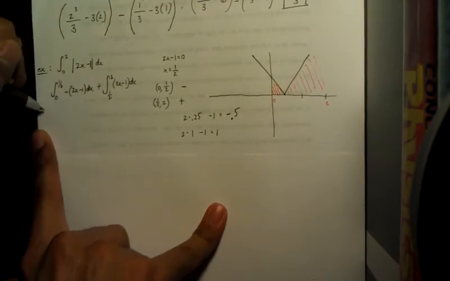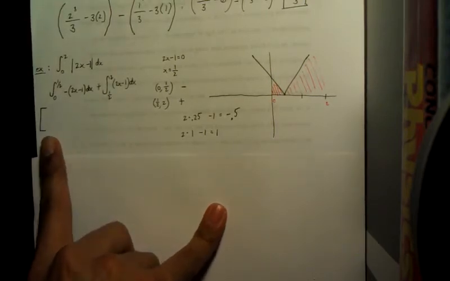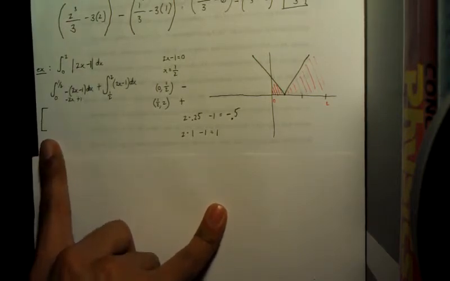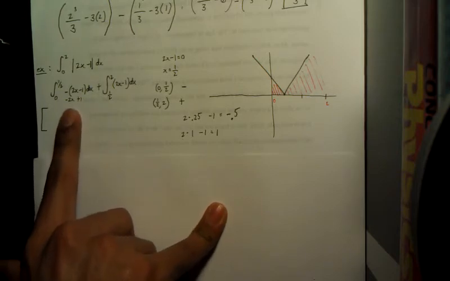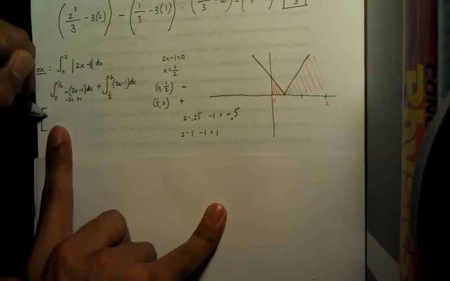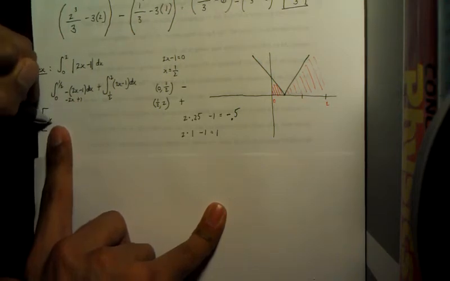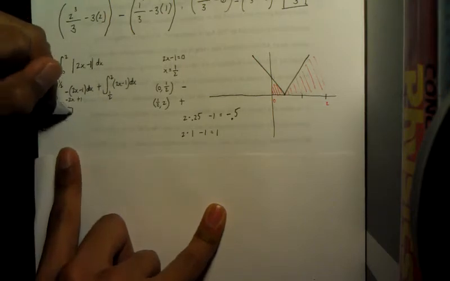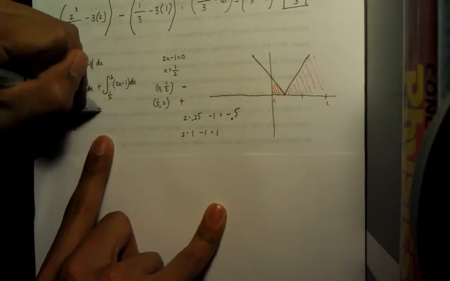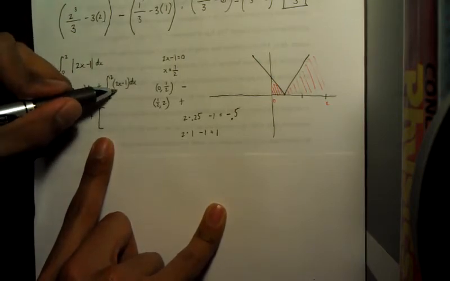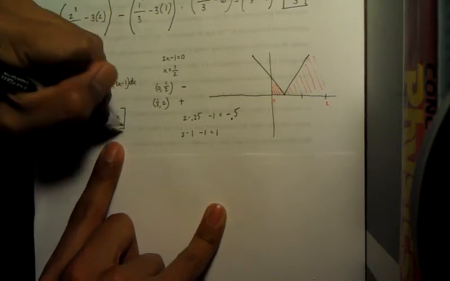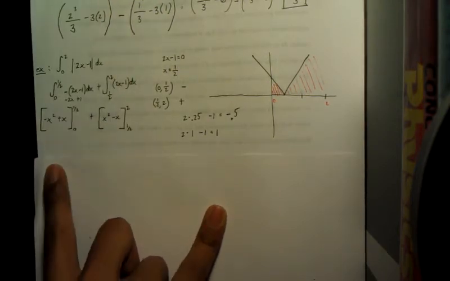Do the fundamental theorem of calculus on each one. Well, this would simplify to negative 2x plus 1. So when you take the antiderivative of negative 2x plus 1, you get negative x squared plus x, and that's from 0 to 1/2, plus, take the antiderivative of 2x minus 1, you get x squared minus x from 1/2 to 2.